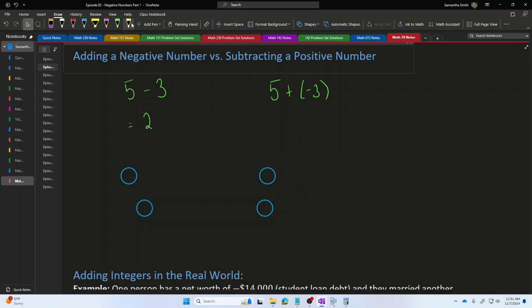I'm still left with exactly the same result, 2. So just bear that in mind, that adding a negative number has exactly the same outcome as subtracting the positive version of that number.